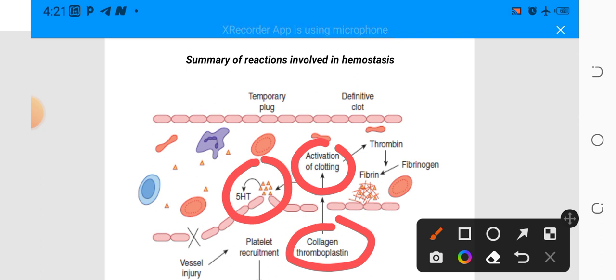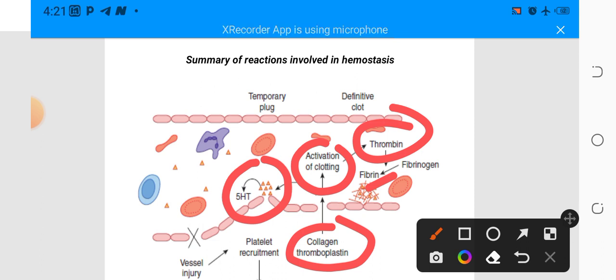We know vasoconstriction mechanisms. The other thing that you're going to see, the thromboplastin will activate thrombin, which converts circulating fibrinogen to fibrin, and fibrin is what we want.